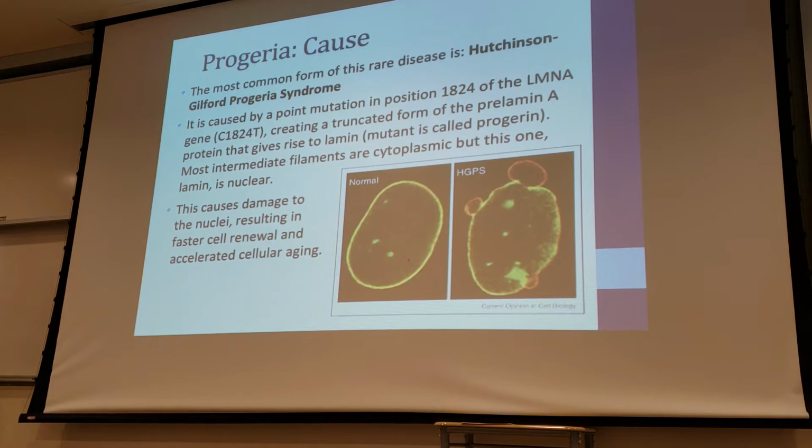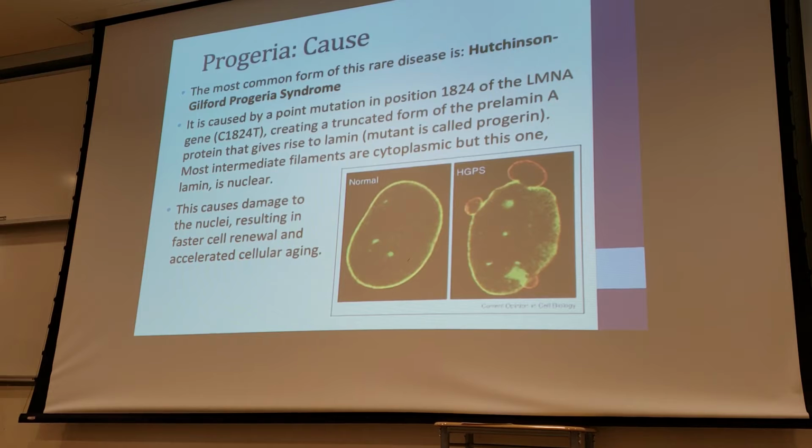Here is a normal nucleus, here is one from a patient with progeria, and you can see that the structure is different. What they've stained for here is two different proteins, lamin A and lamin B. And you can see that one of those is not included in these little things that seem to be budding off of the nucleus.